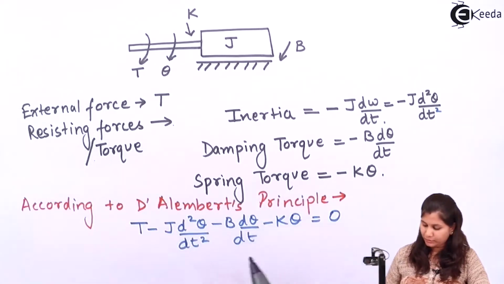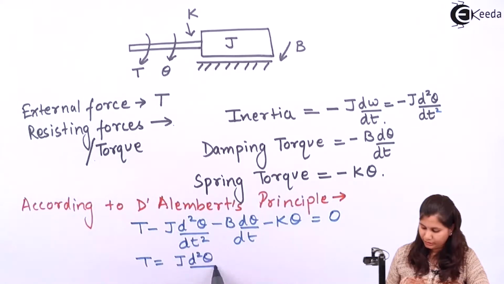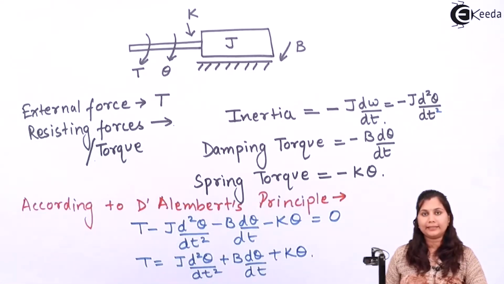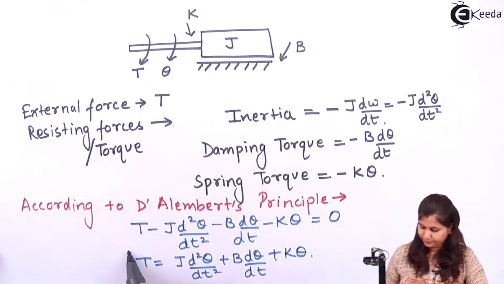If we take these three terms to the other side, we will get J d2 theta by dt square plus B d theta by dt plus K theta. So this is the mathematical modeling of a mechanical rotational system.